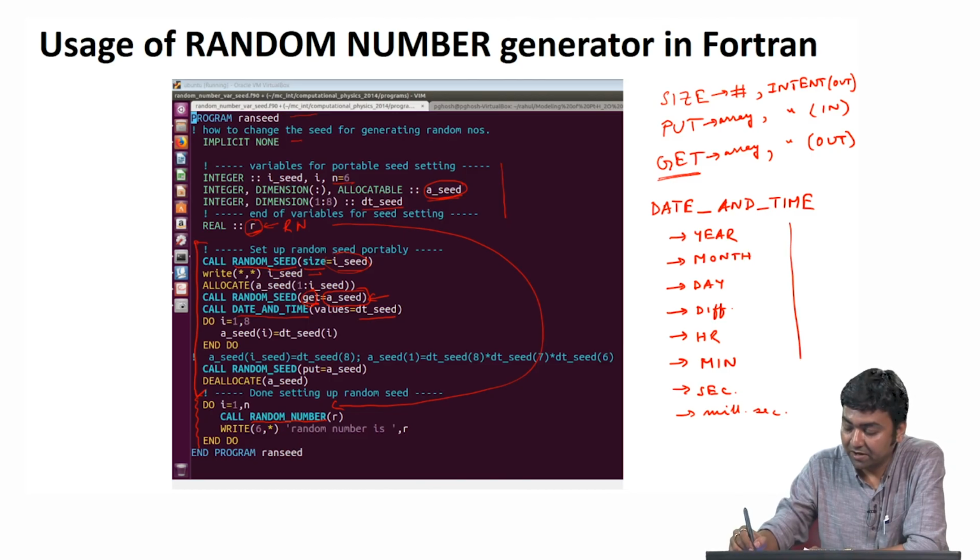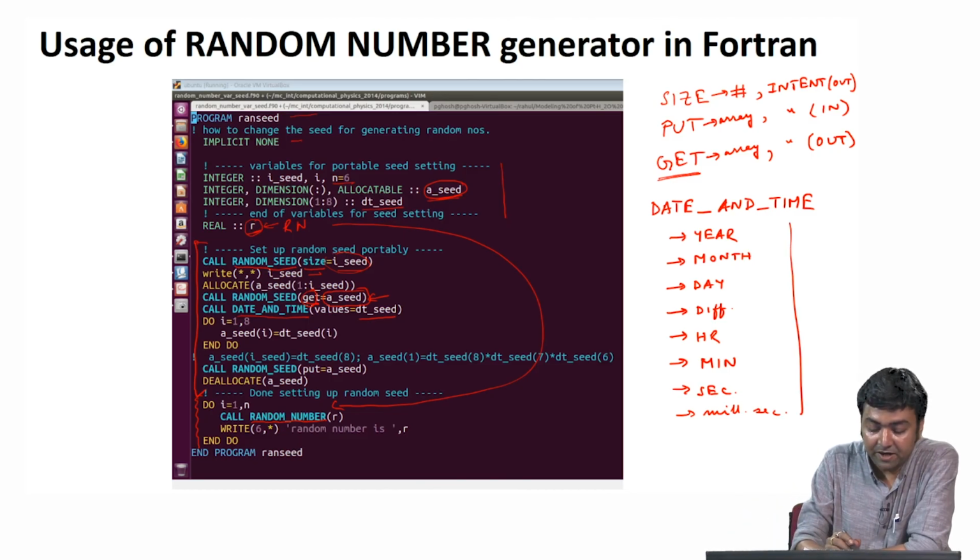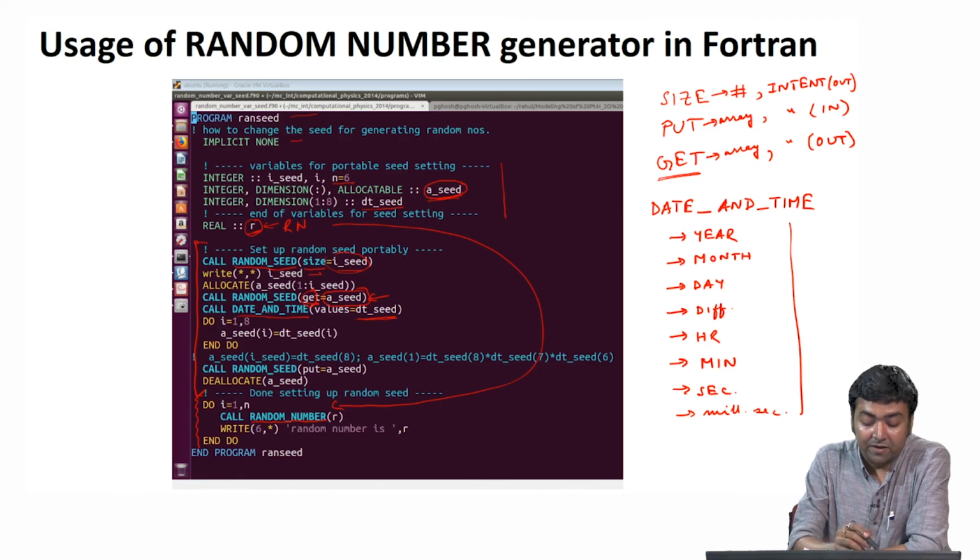So, these are the 8 things which are given, and these 8 numbers I am storing in this variable dt_seed. And I am using these numbers stored in dt_seed to reassign some of the values stored in this array a_seed.